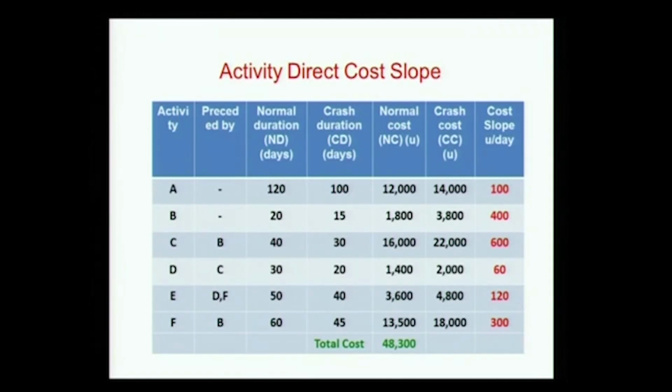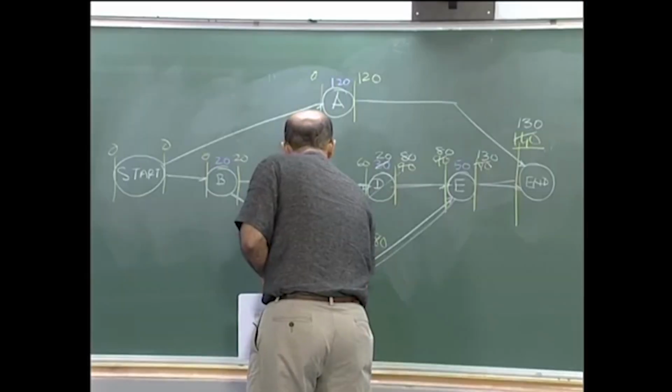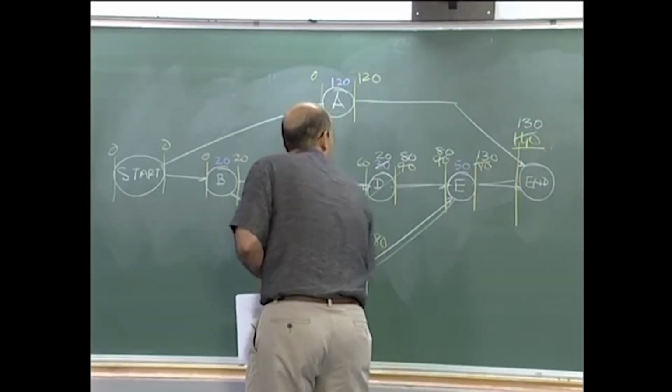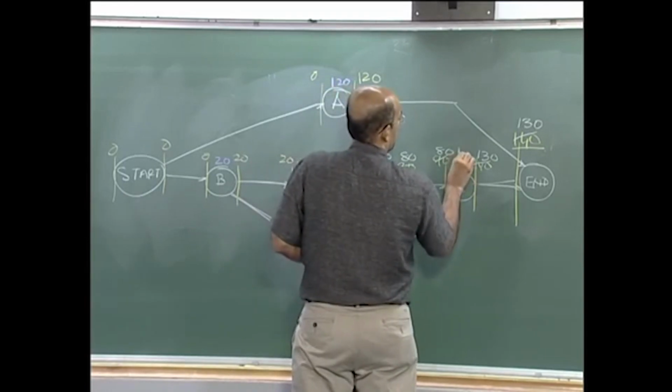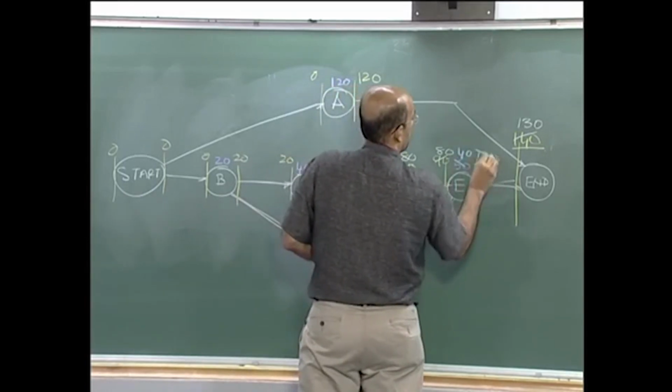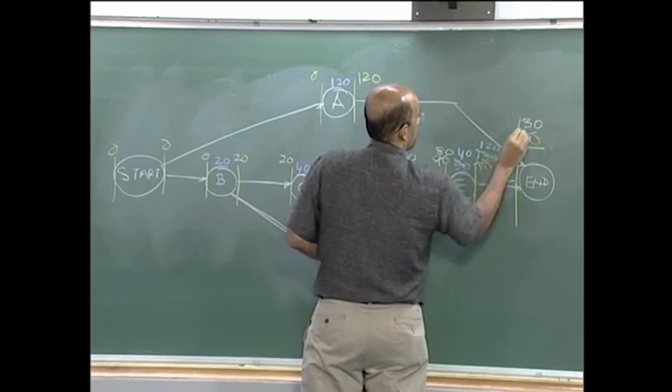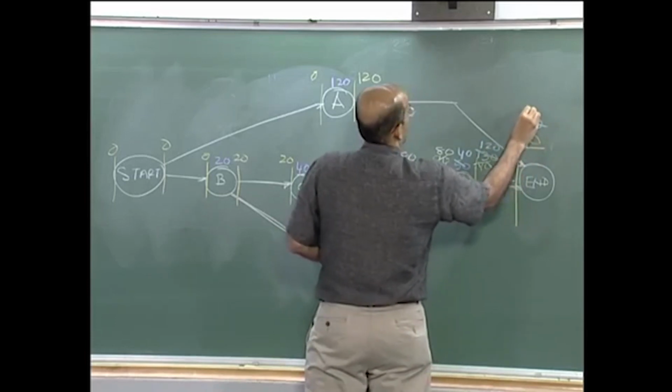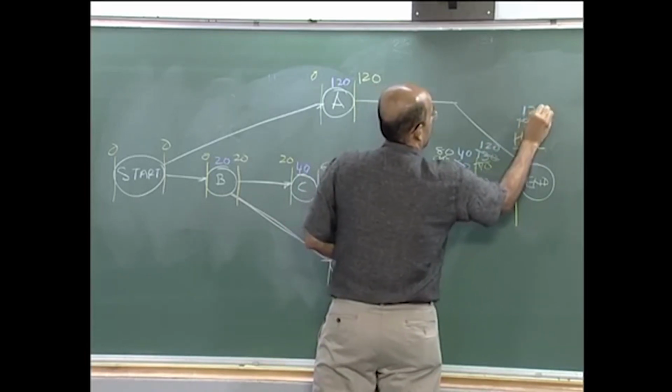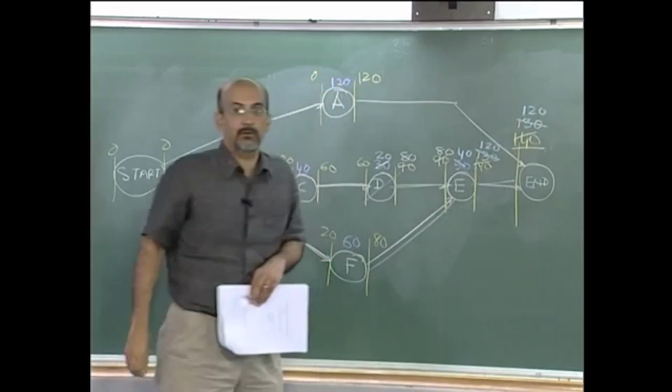So I will go with E, and how much can I reduce E by? By 10 days, I can go the full 10 days. This goes to 120. Now what has happened?